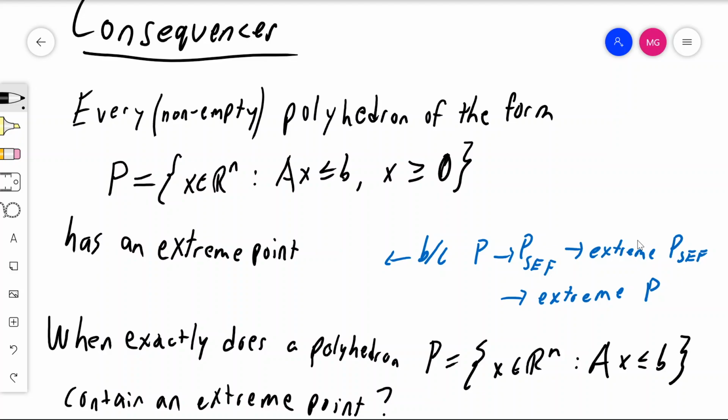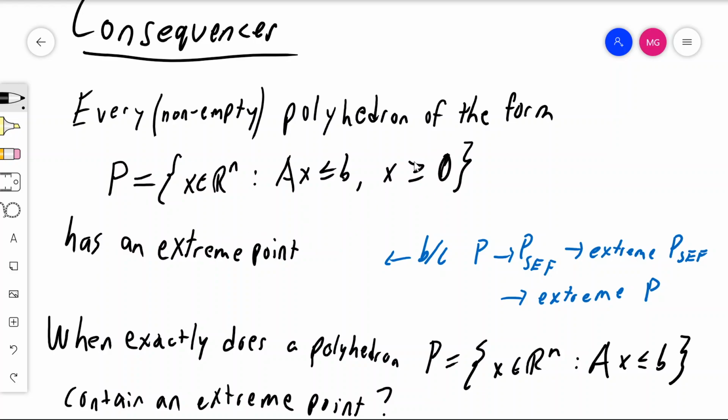We proved in a prior video that every linear program in standard equality form has a basic feasible solution. So then the associated polyhedron has extreme points, and we have this correspondence from extreme points of the SEF polyhedron to the original polyhedron, and that gives us that there exist extreme points of the original polyhedron.